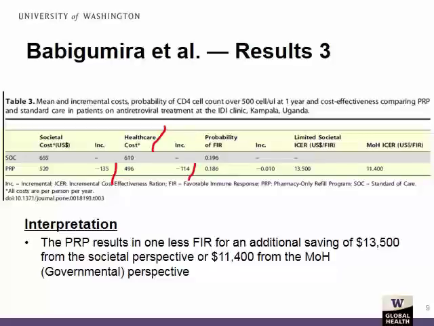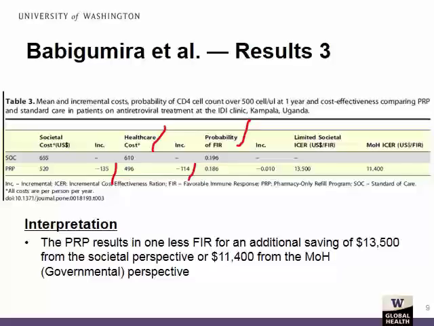And then the outcome, which is a true clinical unit, favorable immune response, which makes the study a cost effectiveness analysis, there was a reduction of 0.01, which is 1%, a 1% reduction in the probability of favorable immune response in 1 year, which is a small reduction.